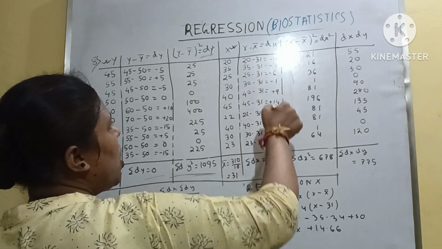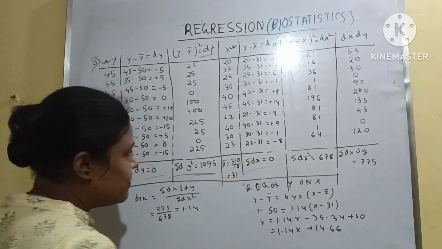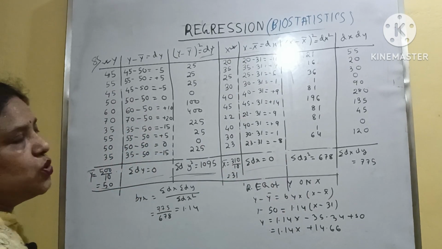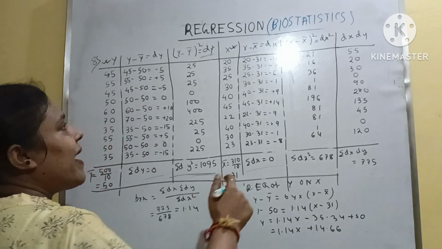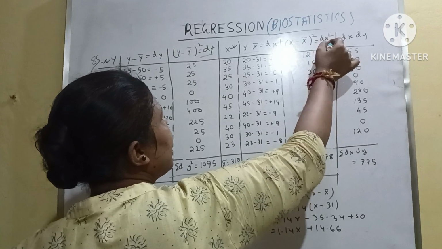So these are all the dx values, and by adding these dx values we will always get summation of dx as 0.